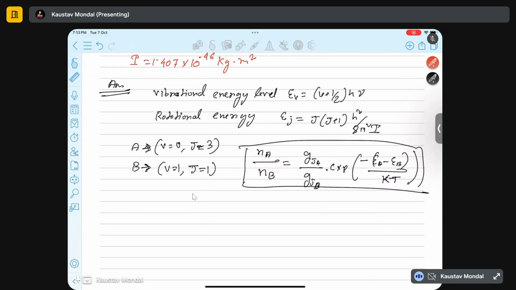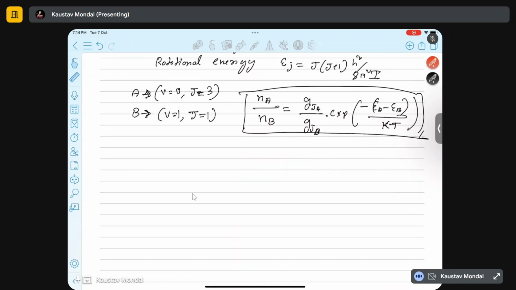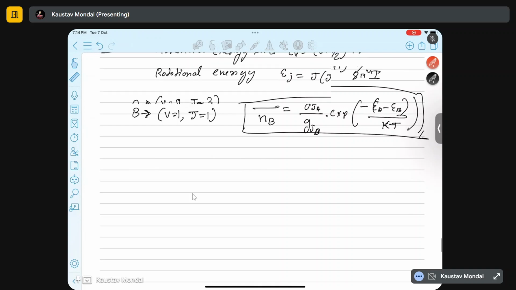So now we have to calculate the degeneracy, as well as the difference in the energy. First is the energy state.